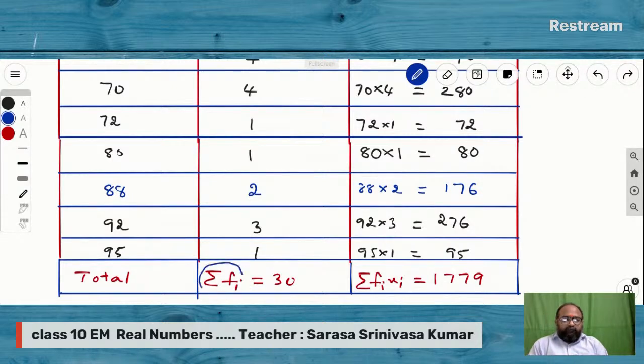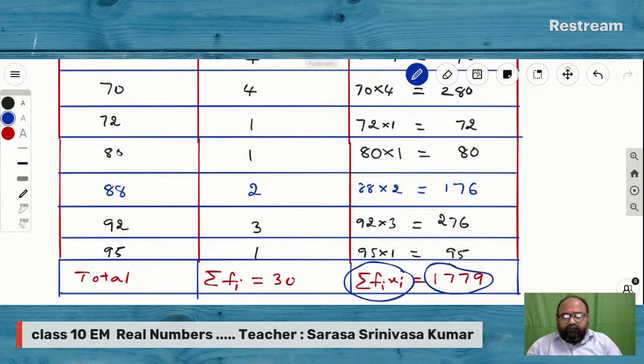Now the last, third column gives us sigma Fi xi. The sum of all these values is 1779. We have to add all these values, and we get 1779.